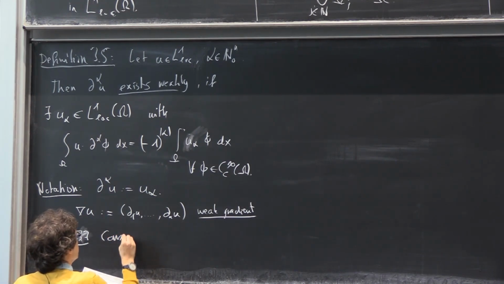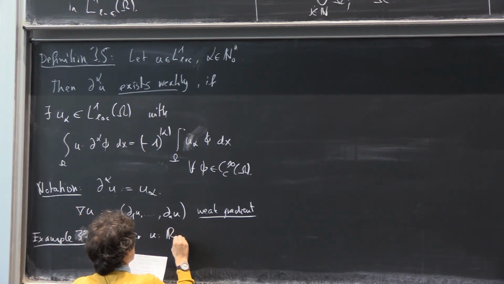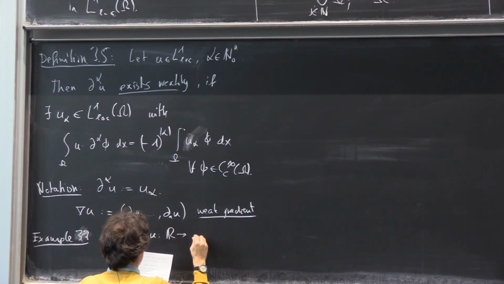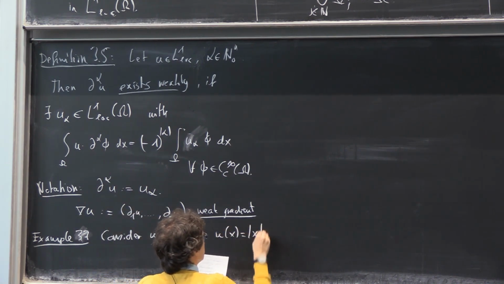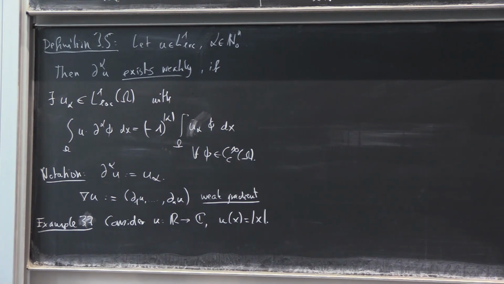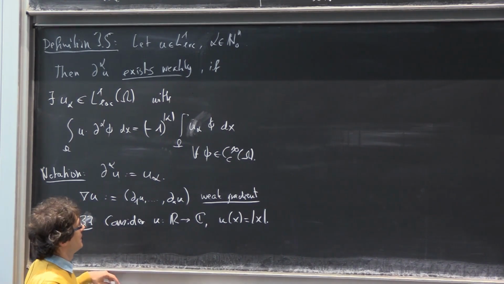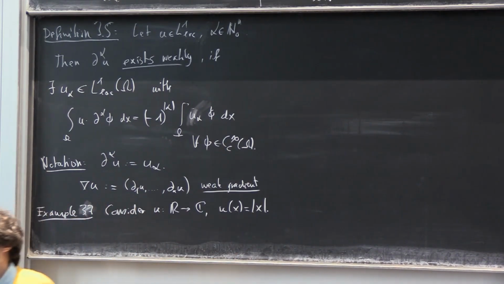So let's call this u. So consider the function u going from the reals to the positive reals or to the complex numbers. Doesn't matter. I write the complex numbers because we will work in complex Hilbert spaces in all this course. So clearly this goes to R plus.